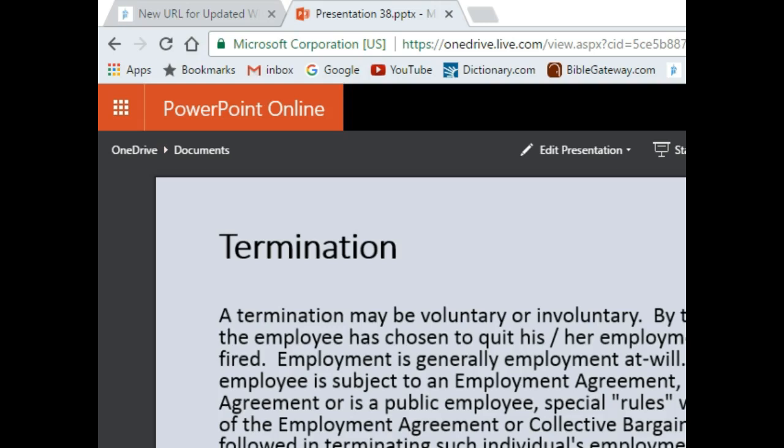Again, just for reference purposes, you can go through that all on your own. But terminations can be voluntary or involuntary. Now think about that. By this, it's meant whether the employee has chosen to quit his or her employment or has been fired. Employment is generally at will, which we've discussed.